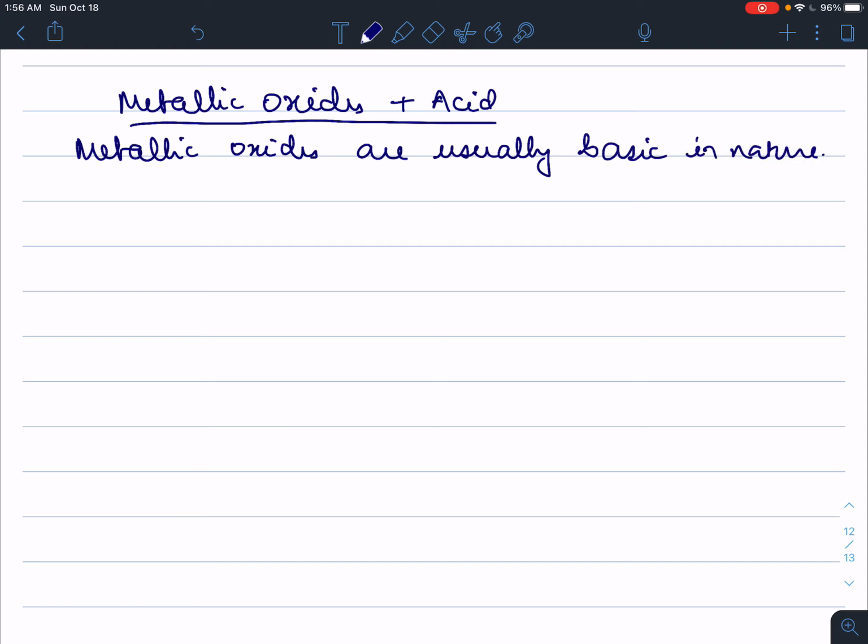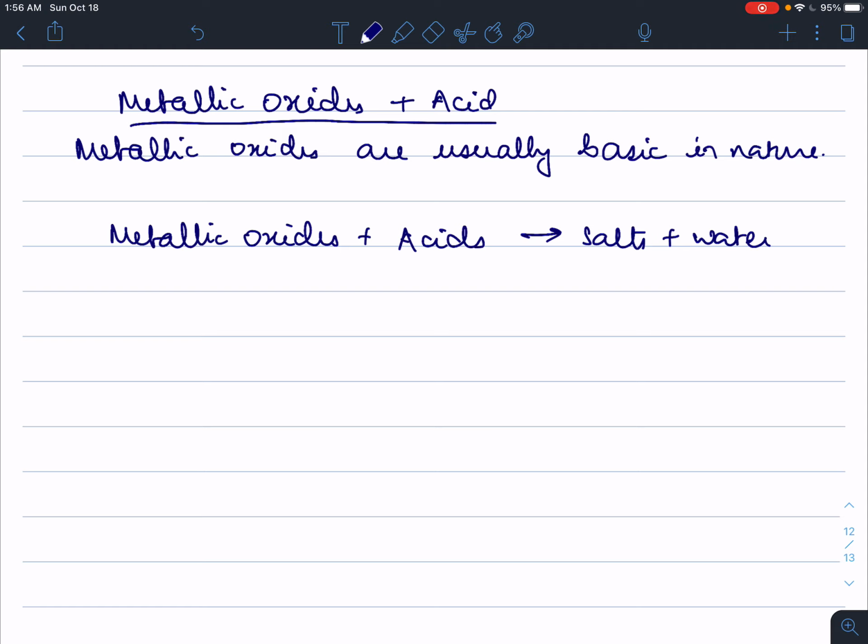So if it behaves like a base, you would expect that a base plus an acid will give you at least a salt and water. So you can say metallic oxides plus acids will give you salts plus water, as expected.